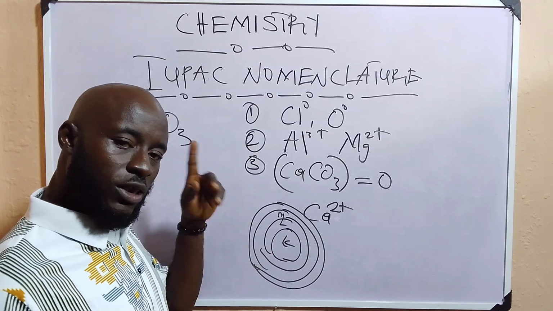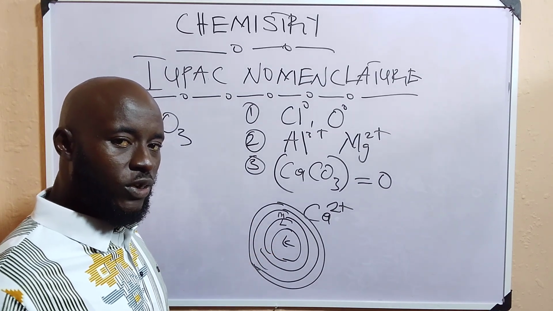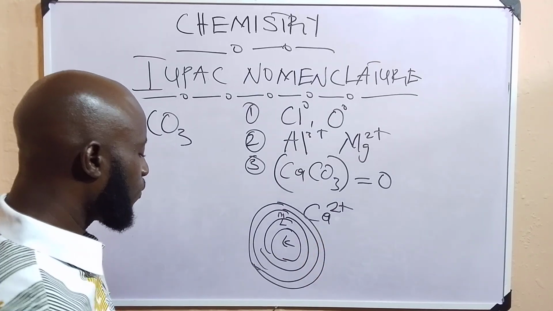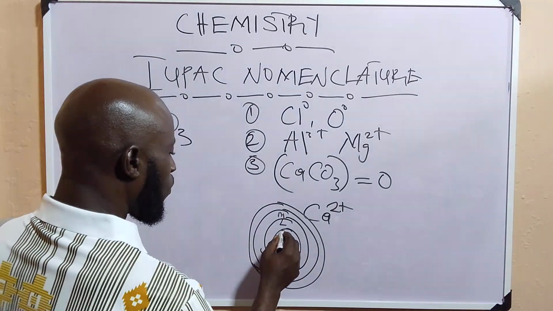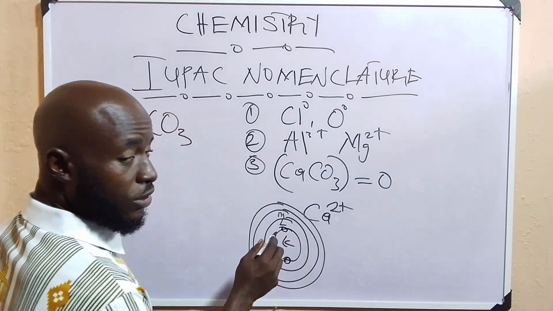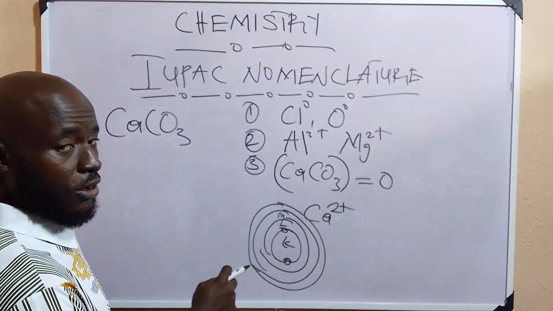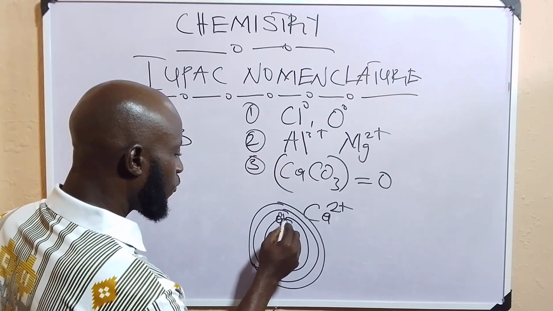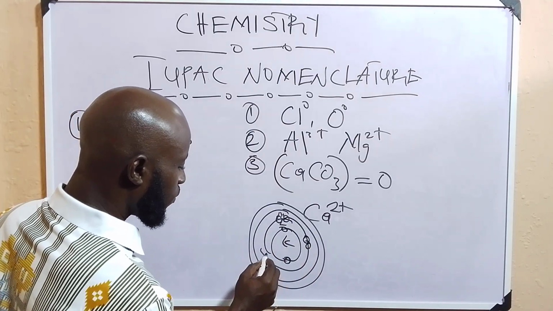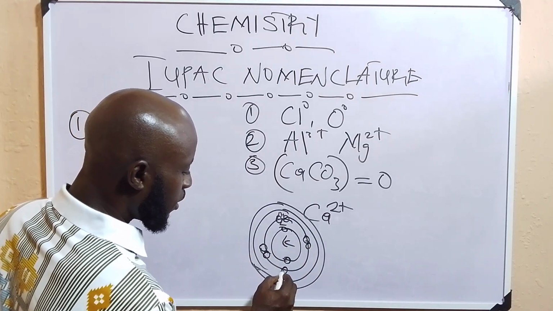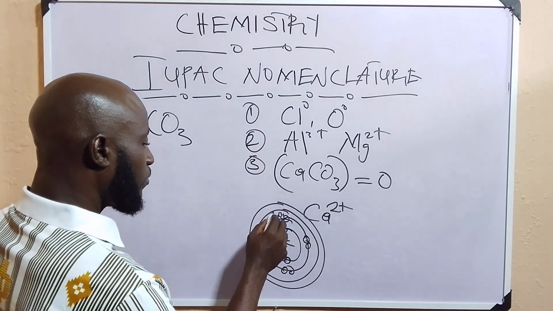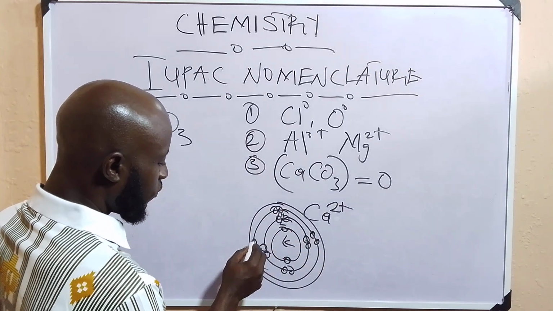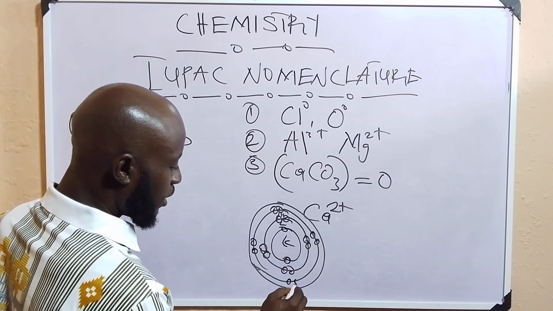The L shell, M shell, and so forth will contain the maximum of 8 electrons. So calcium is 20 in the periodic table. So we have 1, 2. The innermost part, the K shell, can only contain 2 electrons. Then 3, 4, 5, 6, 7, 8, 9, 10, 11, 12, 13, 14, 15, 16, 17, 18.